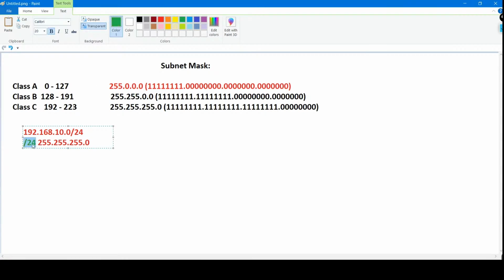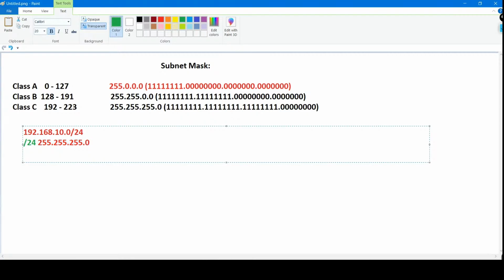Network bits mean 1, so there are 24 ones and 8 zeros. This is how you write it in decimal. This one is the default subnet mask for class C.